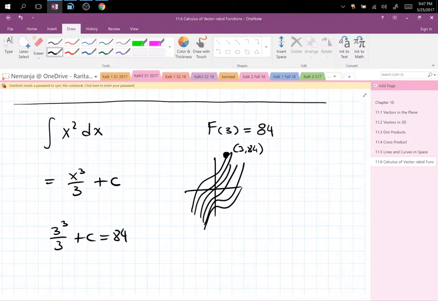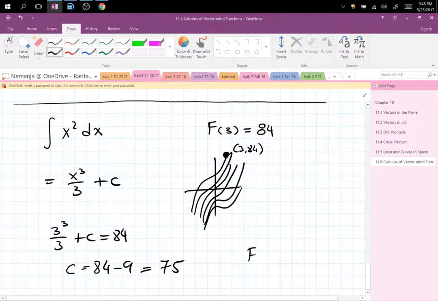When I plug those in, I get c equal to 84 minus 9, which is 75, which means the function I'm looking for is 1/3 x cubed plus 75. If you remember and understand this from Calc 1, now you get to do this 3 times in your vector valued function for Calc 3.